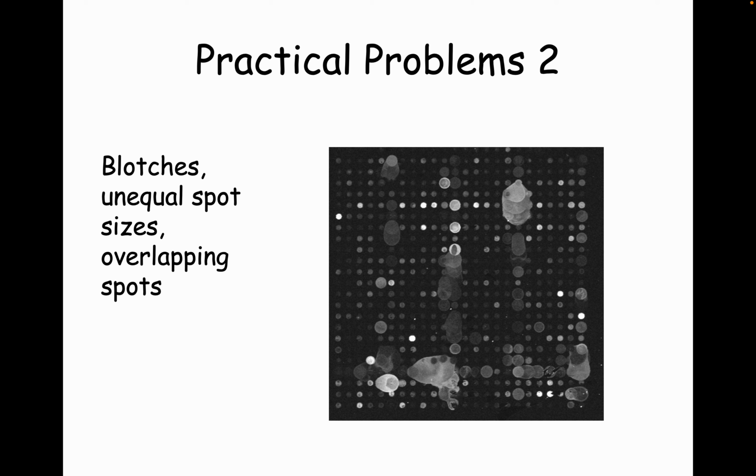And so as part of the image analysis, you would need to set the computer to say, hey, only take spots of a certain size, or only take spots of a certain intensity, or you sort of set up rules, or only take the center of the spot, something like that. Like this one up here, it's actually 3 spots. It's just that the spots are spreading out as they're interacting with the sample. And so that's a practical problem that can occur.